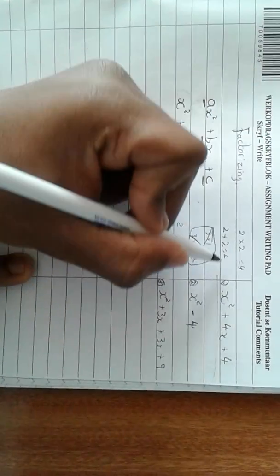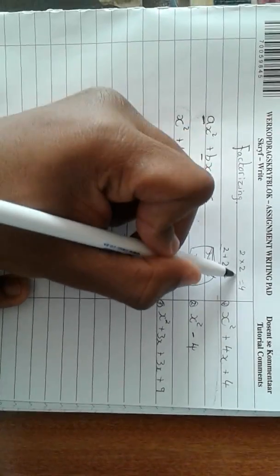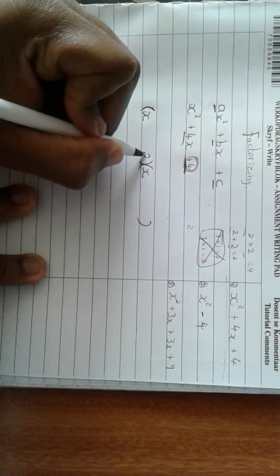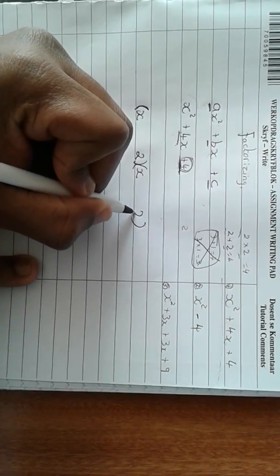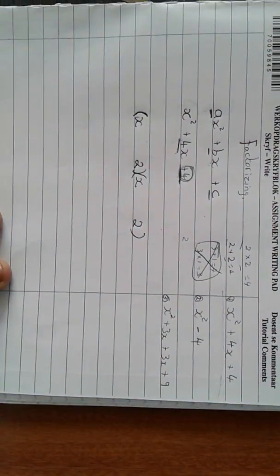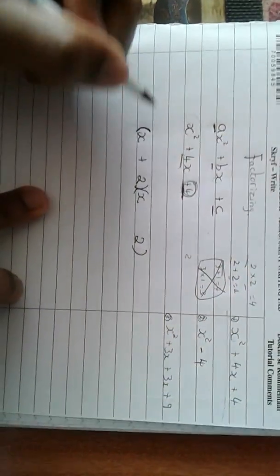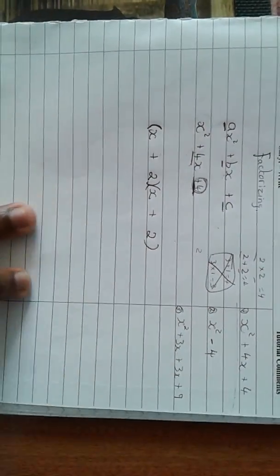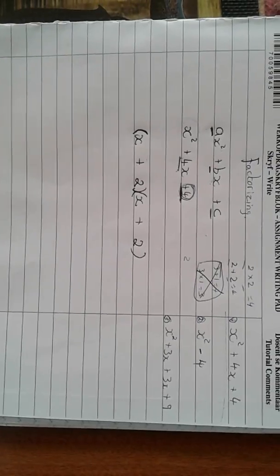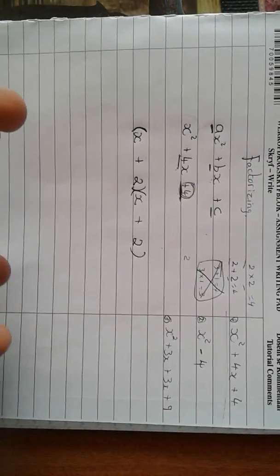So the only thing we can use is 2 and 2. Right? So we're going to write them here. It's 2 and 2. Got it? So now it's easier on this one because all the signs are positive. So if all the signs are positive, you just add a positive here and a positive here. That's all about factorizing. This is factorizing.